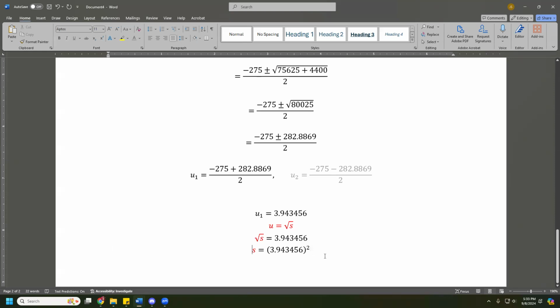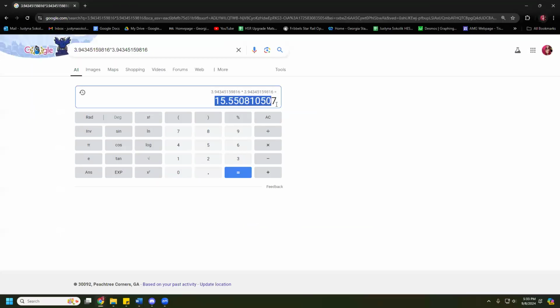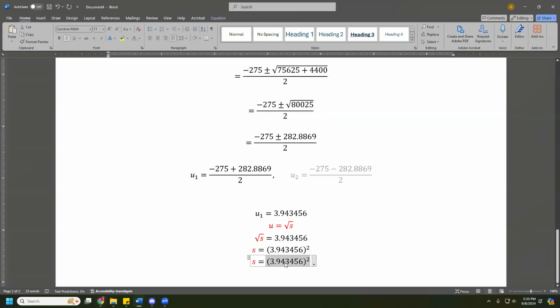And now finally, any bets on what we're going to get when I try to square this number? Say this number times itself. And I get 15.55, just for proof on Google. Okay. So I do actually get S is approximately equal to 15.55.